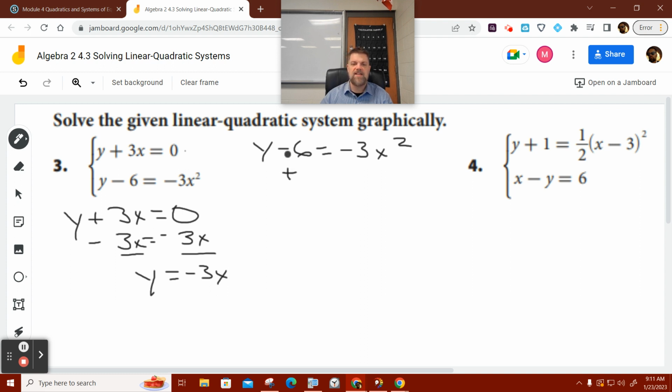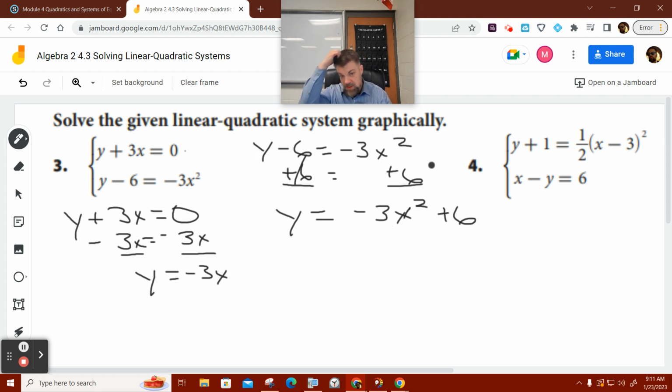In other words, we're adding 6. The inverse of subtraction is adding. Also, whatever I do on one side of the equation, I have to do on the other. That leaves me with y, because negative 6 plus 6 equals 0, and 0 plus y is y. Over here, I've got negative 3x squared plus 6, because they're not like terms.